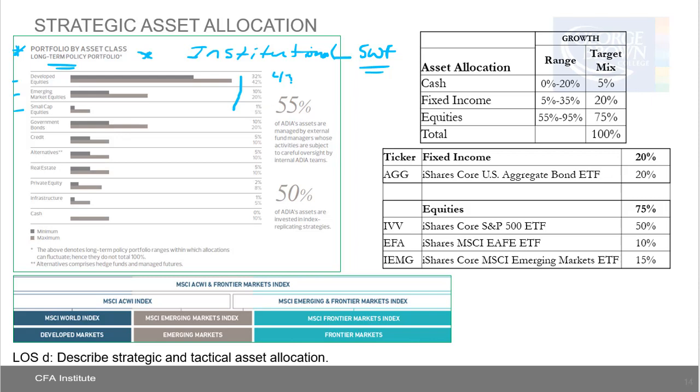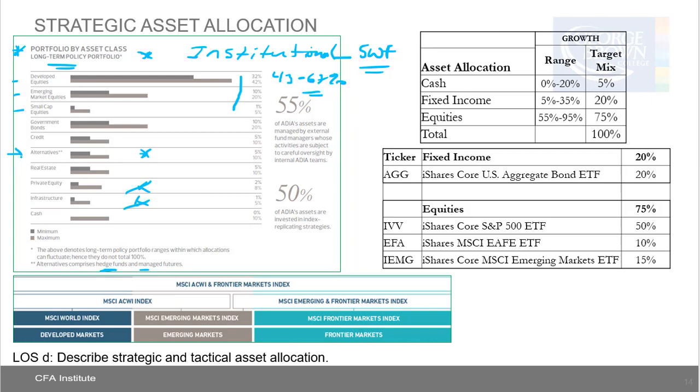So we're looking at 43% to 67% just on stocks, and that's my point, that that's not much different than an individual. The difference for an individual would be you're not going to be perhaps able to dabble in private equity or infrastructure, okay? And depending on the size of the portfolio for an individual, you may or may not be considering alternatives, which you could see comprise hedge funds and managed futures.